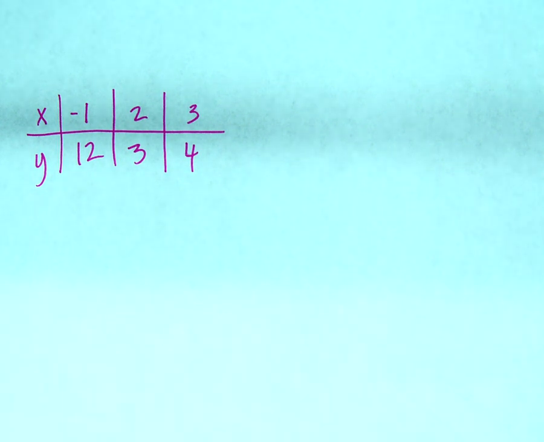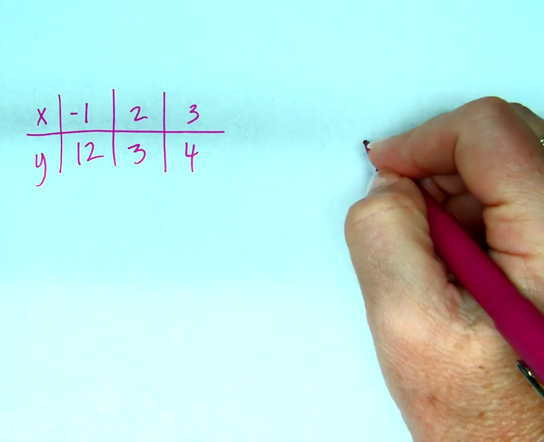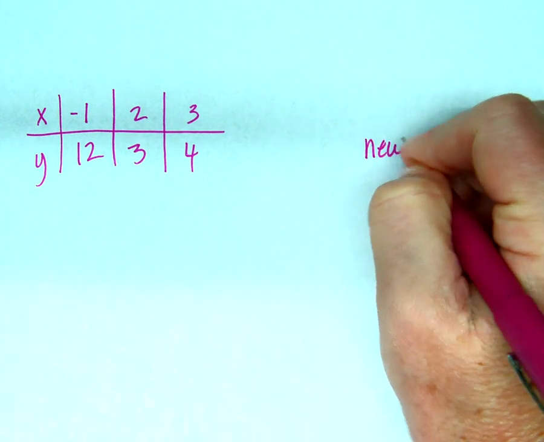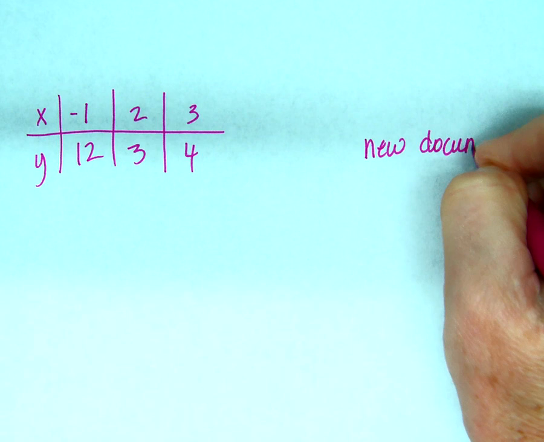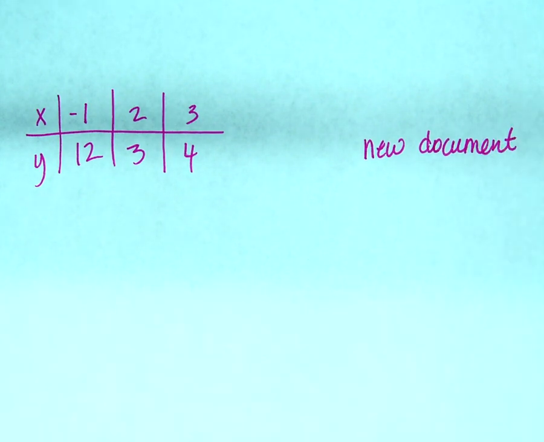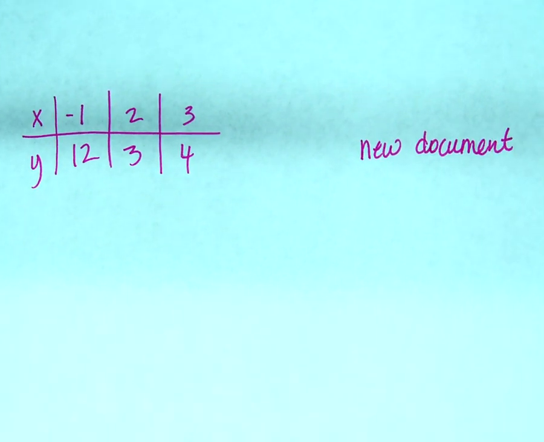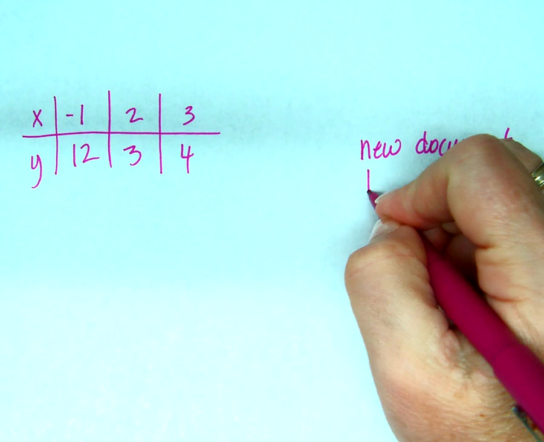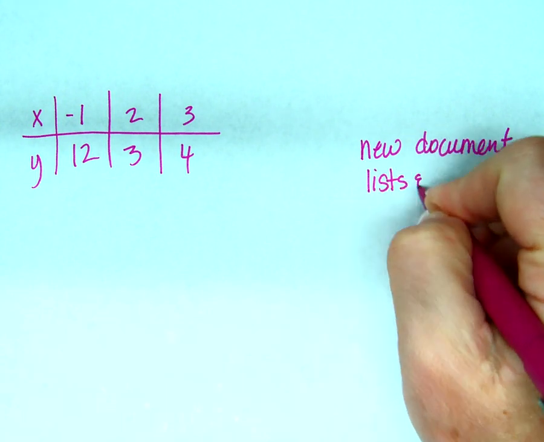Should we write steps out this time to make sure we're pressing the right buttons? Will that work? Okay. So then we need a new document. What type of new document are we going to ask for? A lists and spreadsheets.